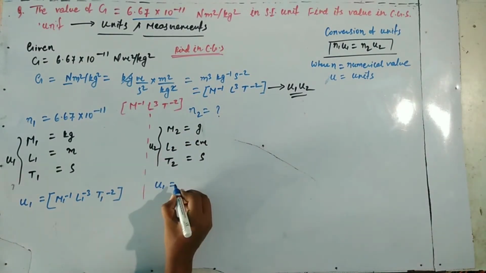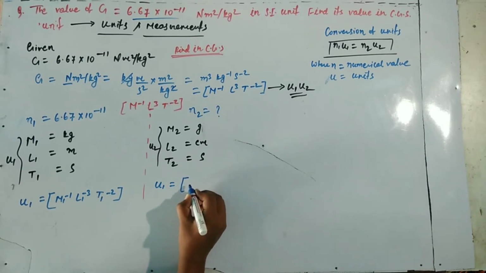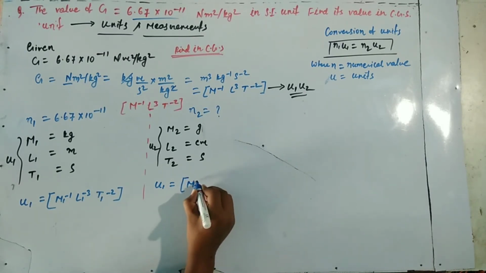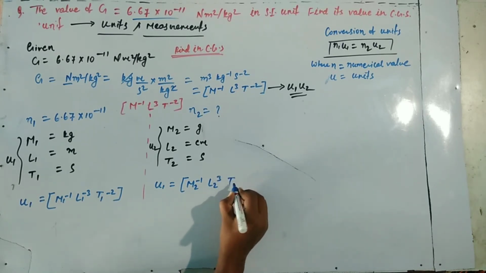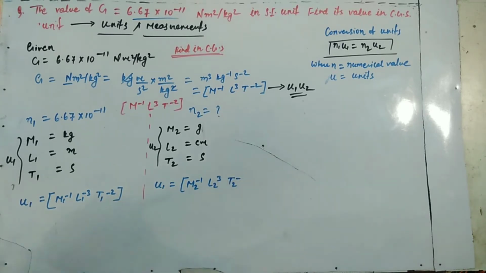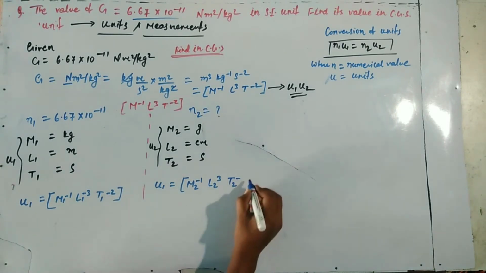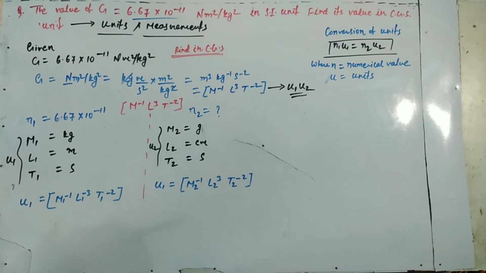So U2 equals M2 power minus 1, L2 power 3 and T2 power minus 2.